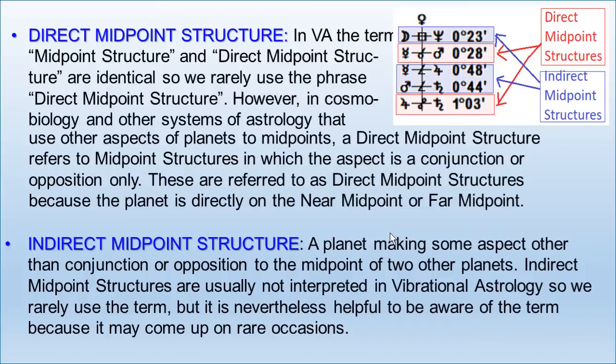But the orbs in the 8 vibration chart, we're going to use a 1.5 degree orb. If you're familiar with vibration charts, you know that in the 8 vibration chart, everything's expanded 8 times. So the orbs are expanded 8 times. And what's happening is in the natal chart, if Venus is semi-square the Mercury-Jupiter midpoint with an orb that's about 1/8 of a degree and a half, then we will end up interpreting it.